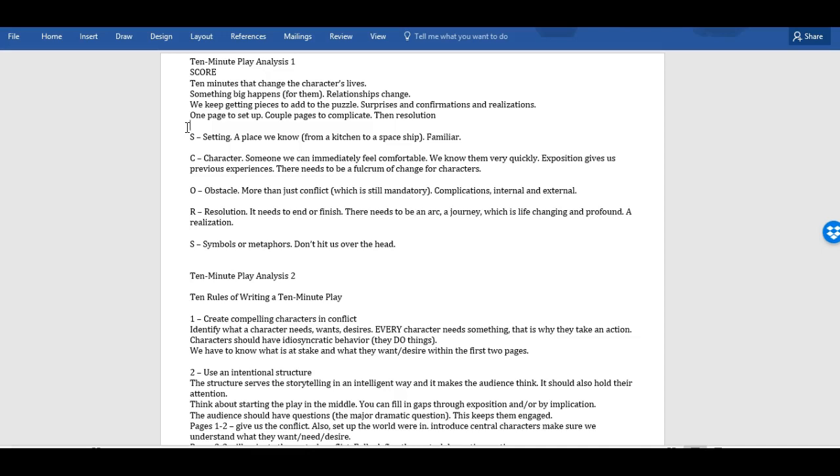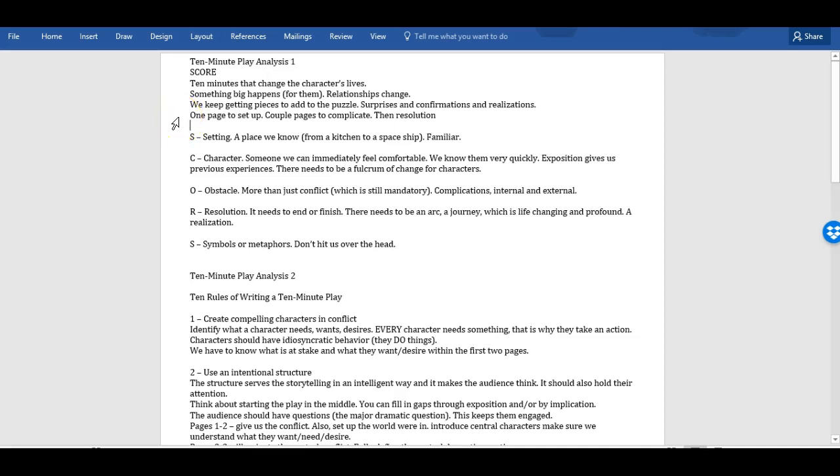Structure is extremely important. You might feel like, "I'm an artist, I'm just going to write what I feel like writing." Structure is the way for the audience to understand your play. Structure is not for you. You might argue that it's not the story you're telling.